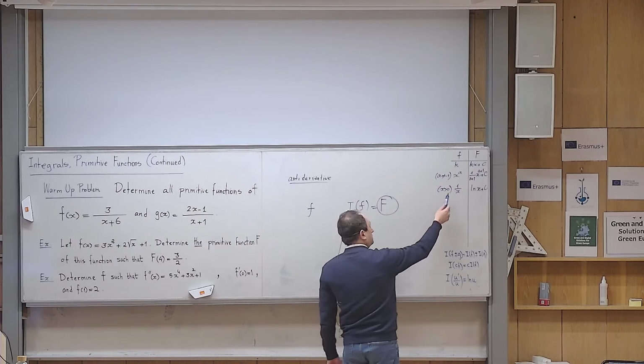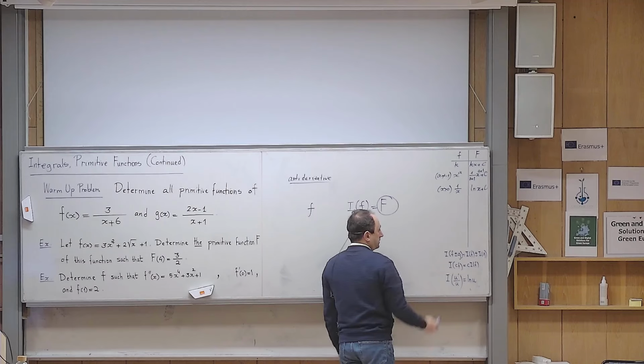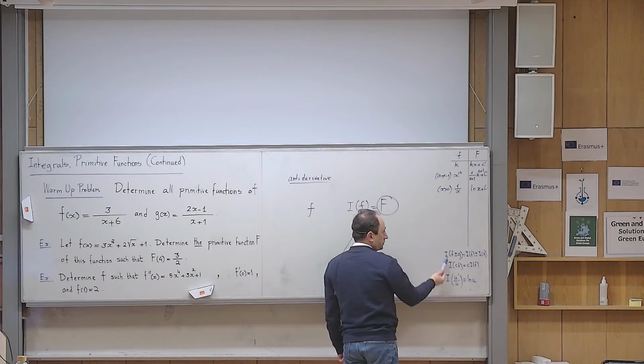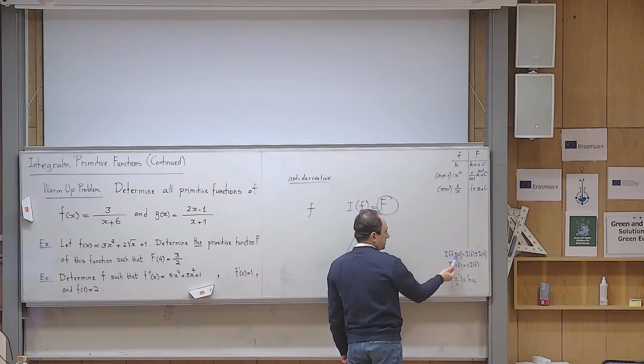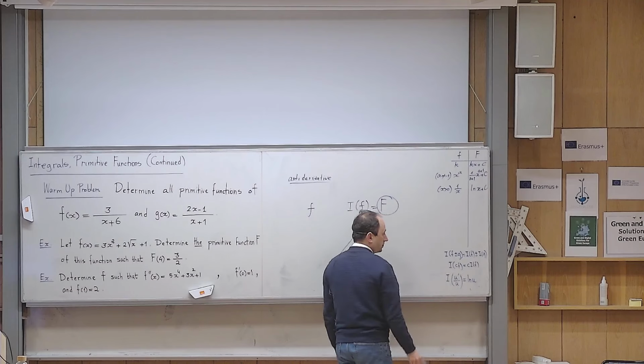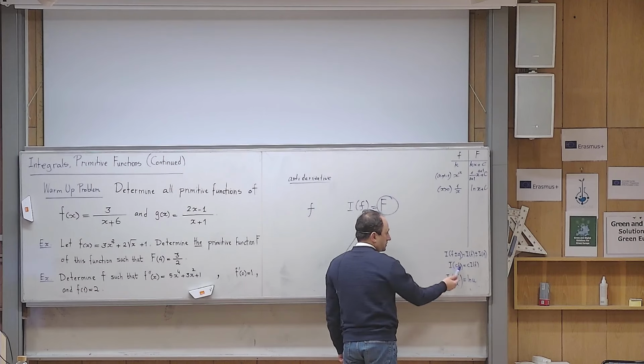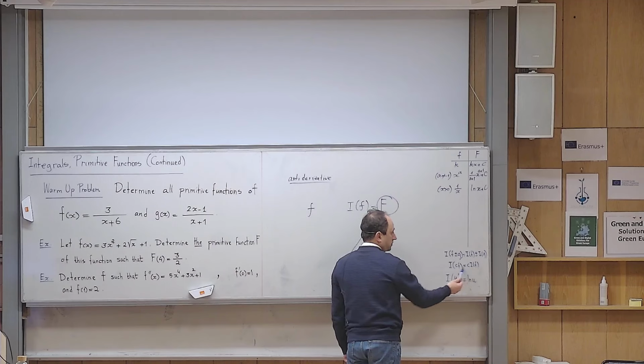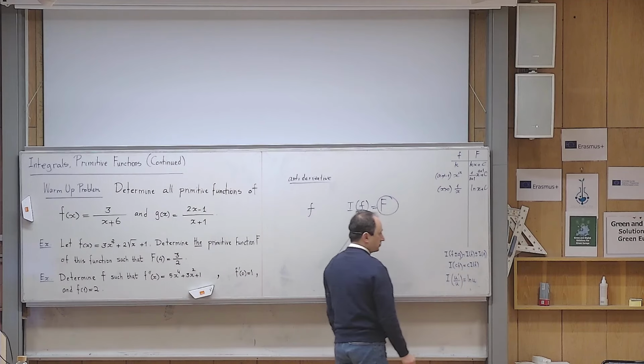So these three formulas we had, and then I told you that there are two generic rules. If you have the sum of two functions and you want to find a primitive function, you can do it separately. If it is addition, you add. If it's subtraction, you subtract. And if you have a constant multiplied by your function, if you want to find the primitive function, just write the constant and concentrate on finding a primitive function of the function.